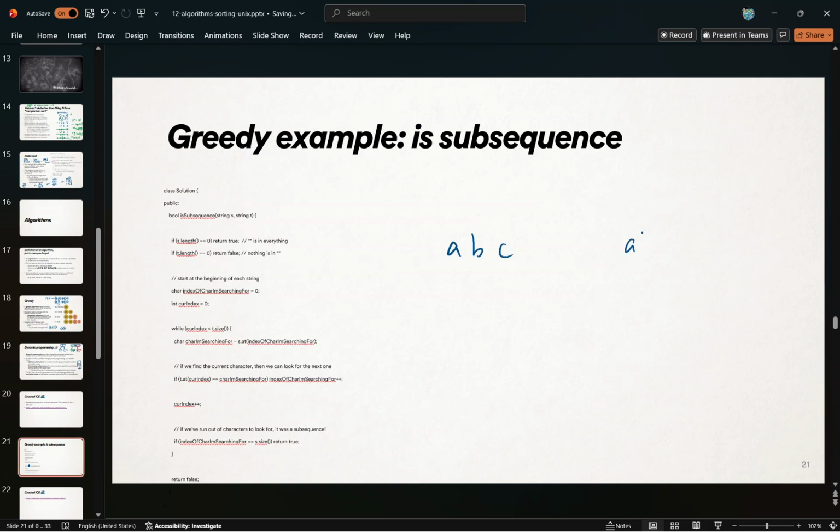I notice it's like A, H, B, G, D, C. Any thoughts? Yeah, you definitely want to go through all these characters, because you're looking for them all in this. Can you focus on one at the beginning?